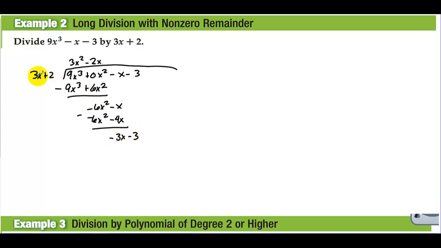Minus 3. So what do we multiply times 3x to get 3x? Well, negative 1. We have negative 3x minus 2, and now when we subtract, we get negative 3 plus 2, that's negative 1. So the answer is 3x squared minus 2x minus 1, and then minus 1 over 3x plus 2. So that right there is the fractional part of an answer.